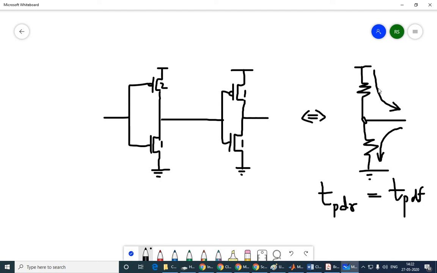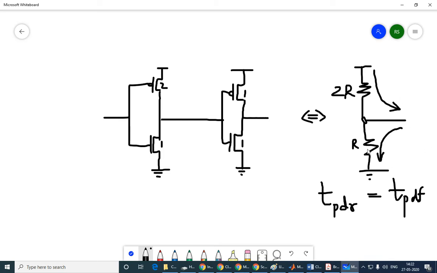What is the value of this resistance? It is going to be 2R, because that is the definition, right? And what is the value of this bottom resistance? It is going to be R, because that is also the definition of the NMOS transistor. As the transistor has size 1, resistance is R. The transistor has size 1, but it's a PMOS transistor, so resistance is 2R.